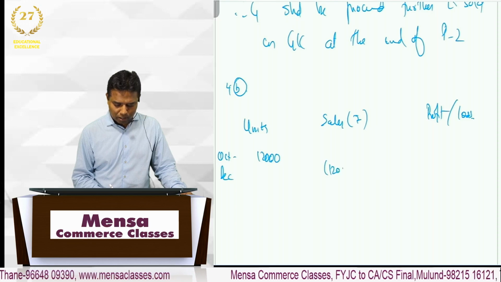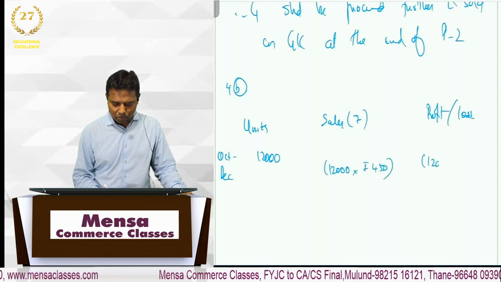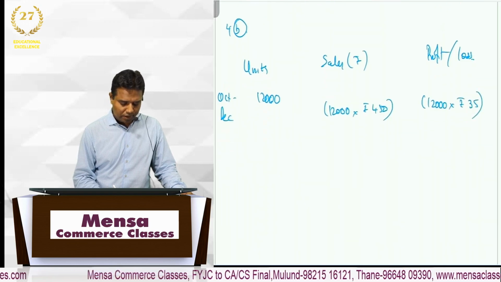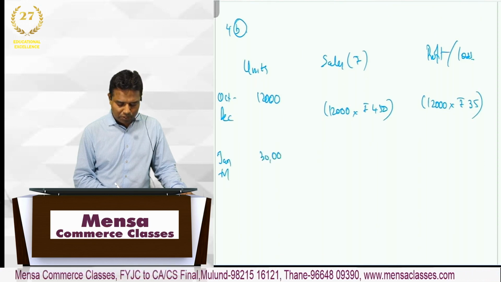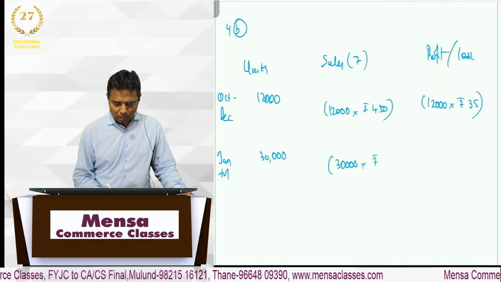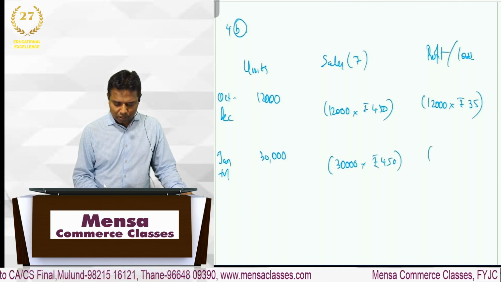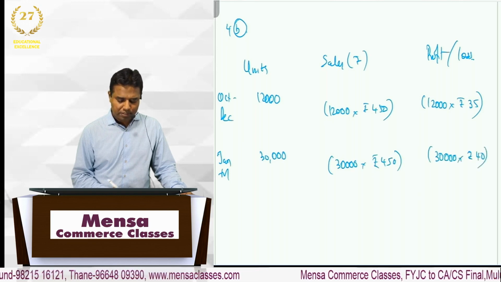So 12,000 into rupees 450. Here 12,000 into rupees 35 loss. Then Jan to March, they could sell 30,000 units. So 30,000 units into rupees 450 and 30,000 into, we got a profit of 40 rupees, right?